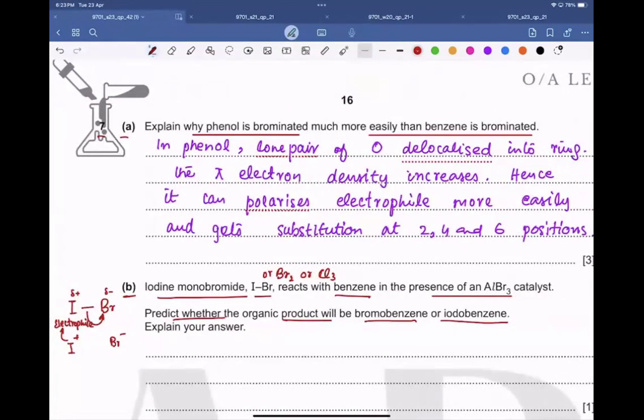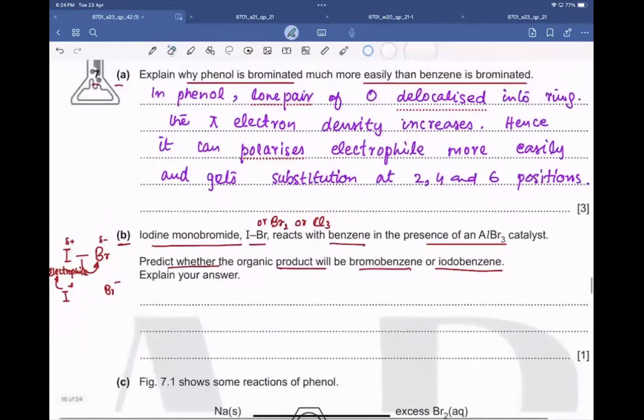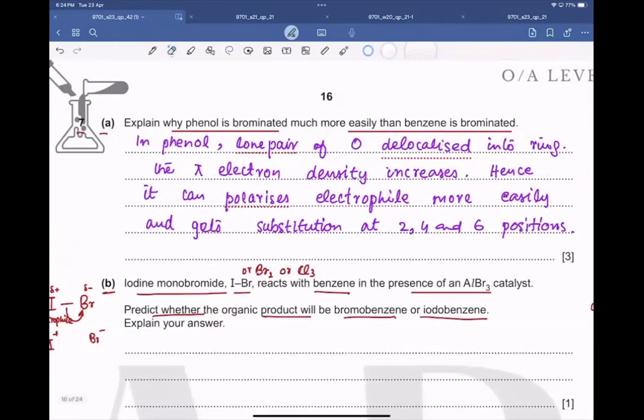Because benzene has nothing on it, benzene does not brominate as easily as phenol does. We need a catalyst for bromine to undergo a reaction with benzene: AlBr3 or FeBr3 or FeCl3. But for phenol, we don't need it because of the OH group. The OH has a lone pair of electrons, and that lone pair is delocalized into the benzene ring.